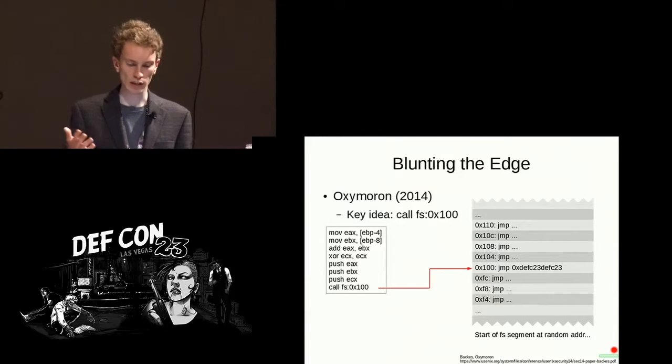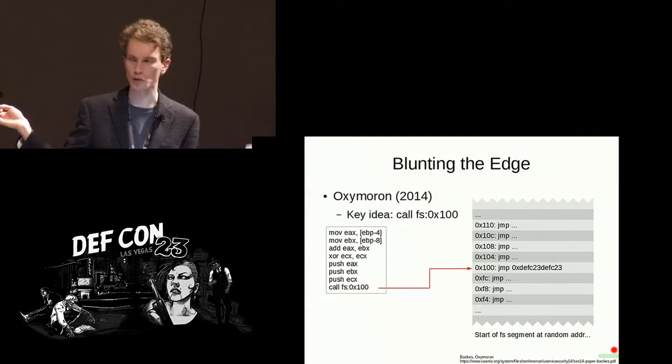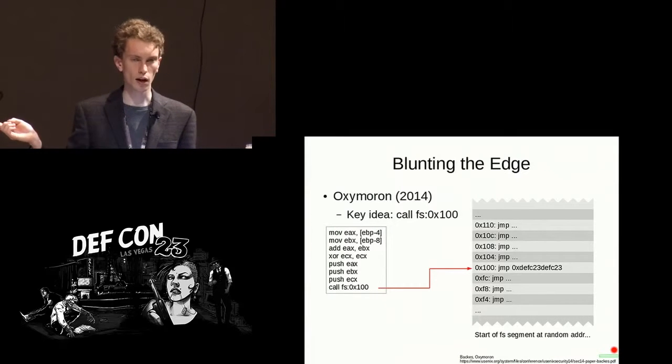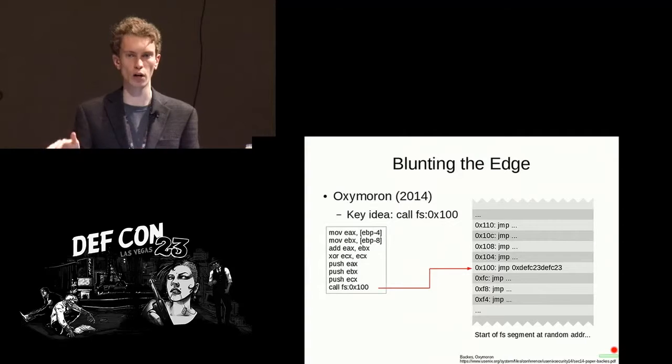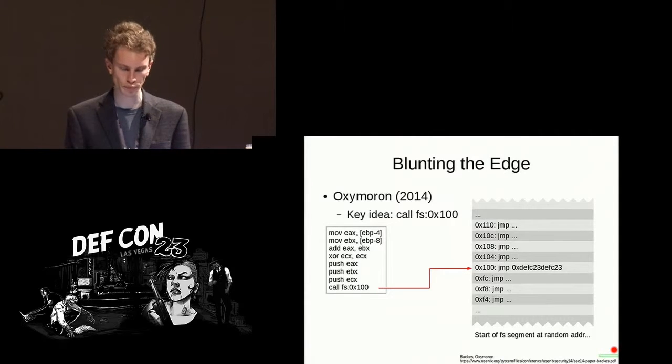And this FS segment can be located at some totally random location in the 64-bit address space. Within that, you have the real addresses that you're jumping to. So this thing on the right, which the Oxymoron authors call the rattle, is process specific, but comparatively quite small. It might be a couple tens of pages. But the 4 kilobyte chunks of your actual library code can be in totally random positions in your virtual address space, but still be shared across your physical address spaces.